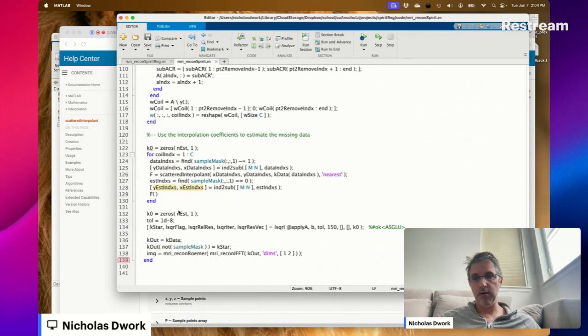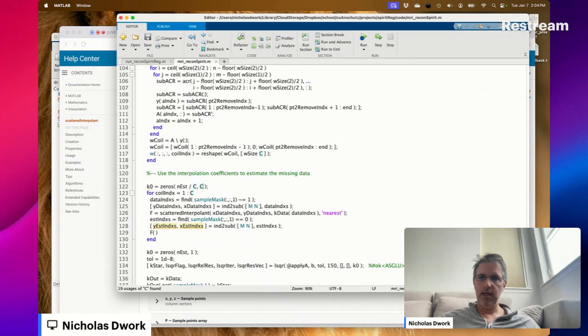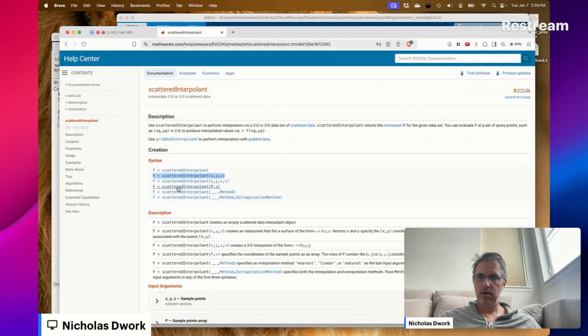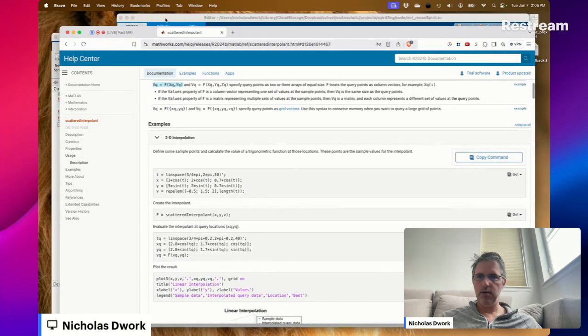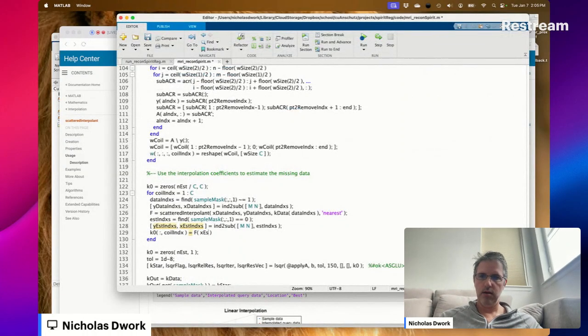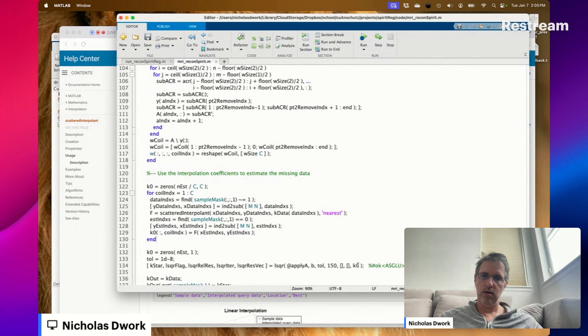I guess I could just divide by the number of coils. That's, I guess, what I'll do. Ns divided by n coils, or by C? C, okay. So then K naught coil index is equal to XQ, YQ, okay. So there you go.